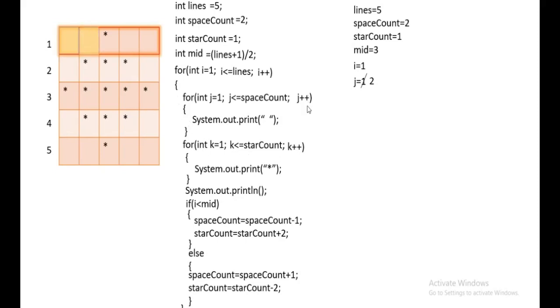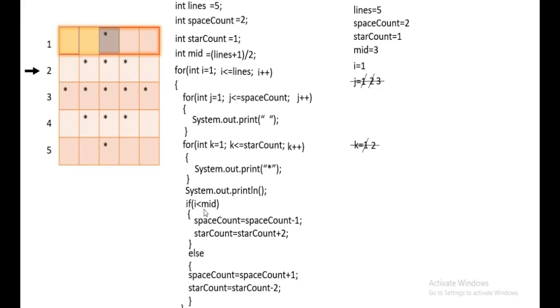Then go back to j plus plus, j becomes 3, but 3 is not less than or equal to 2, so end this for loop and come to this for loop, int k equal to 1, 1 less than or equal to 1, the condition is true, so print the star. Then go back to k plus plus, k becomes 2, but 2 is not less than or equal to 1, so end this for loop and print the new line because of the System.out.println statement.